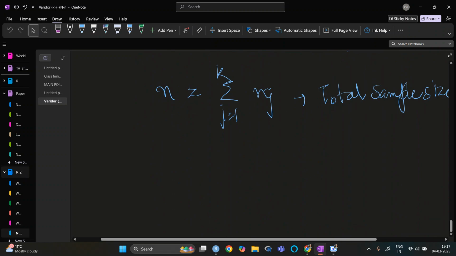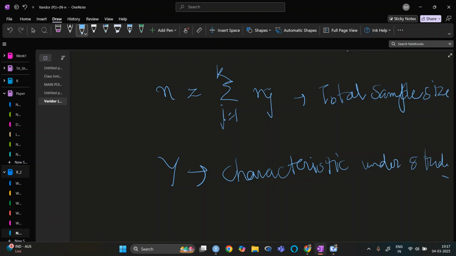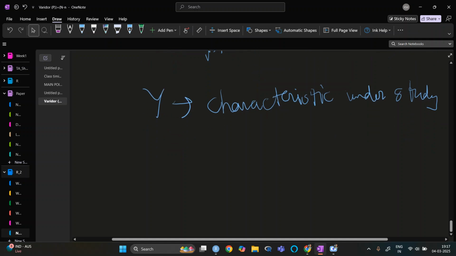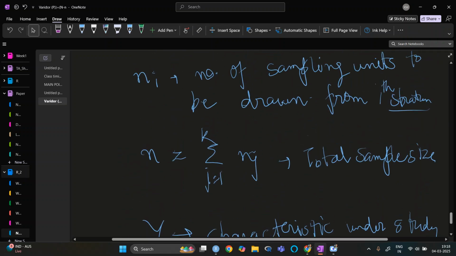Now, y basically is the characteristic under study, whatever we want to work on. And y_ij will be the value of the jth unit in the ith stratum.